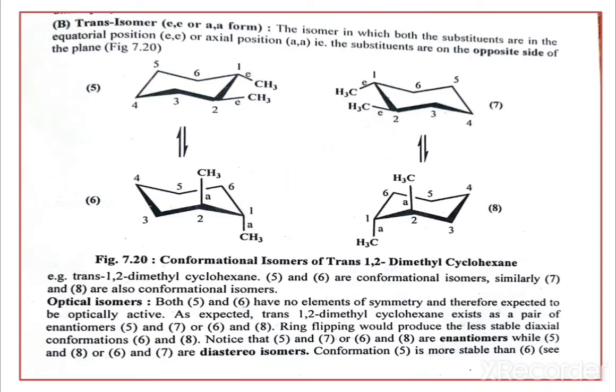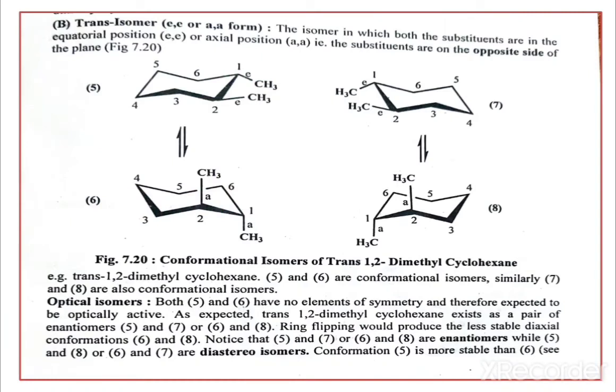The conformation 5 is more stable than 6, because in the 5th conformation both substituents at the 1 and 2 positions are equatorial, while in the 6th they are in the axial position.